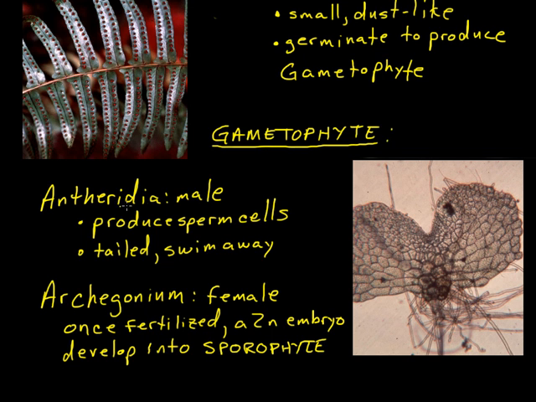The sperm cells produced by the antheridia swim away and hopefully find an archegonium on a different gametophyte, which they can then fertilize to become a mature sporophyte form. And once it's fertilized, now we're back to a 2N growth phase. And that's basically how ferns typically reproduce sexually.